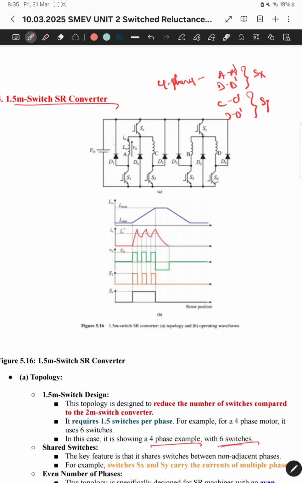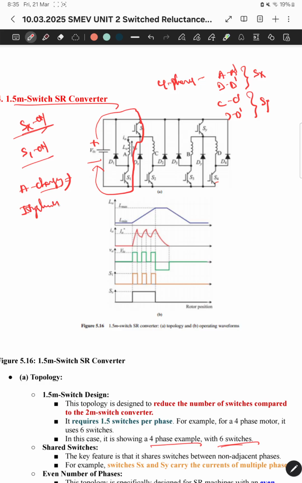When the Sx switch is on and the S1 switch is also on, power from the DC supply is fed to the phase A winding and it forms a closed path. In this manner, energy is stored in the phase A winding. This is the normal case. Now again I will use the same hysteresis current control method.